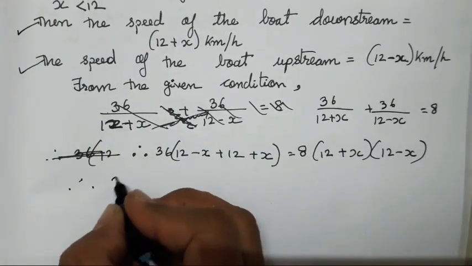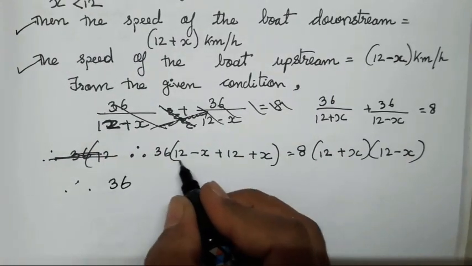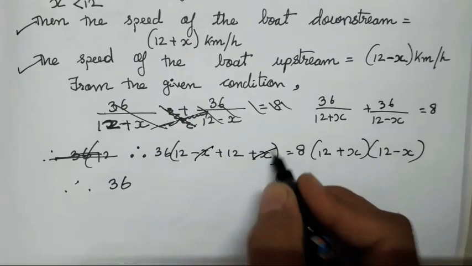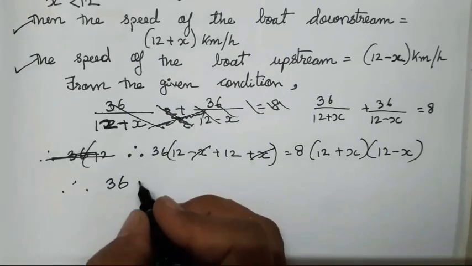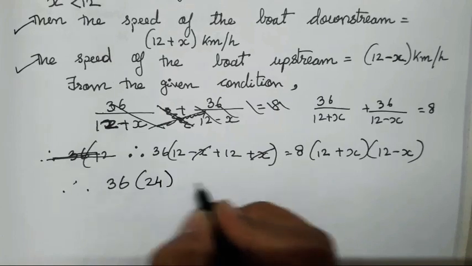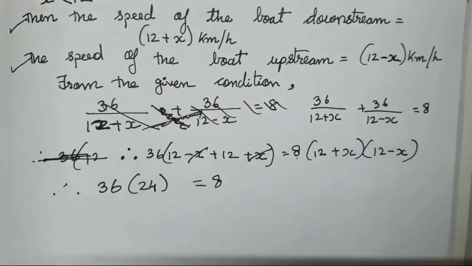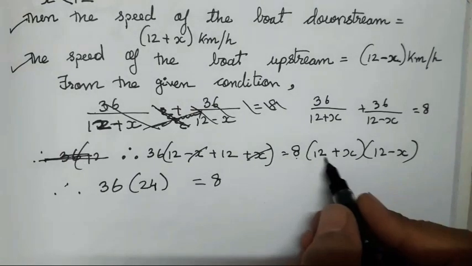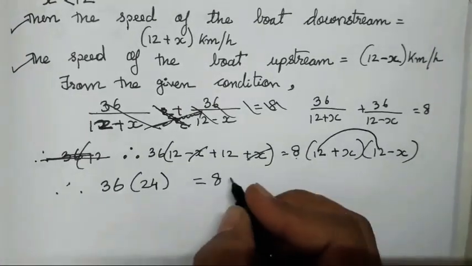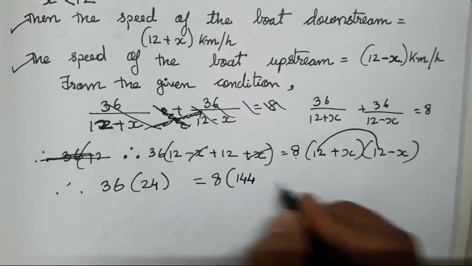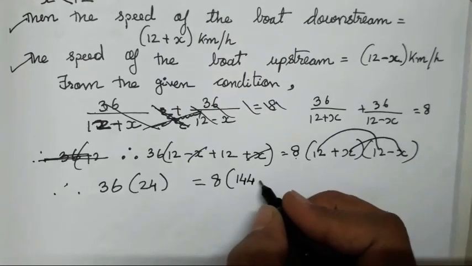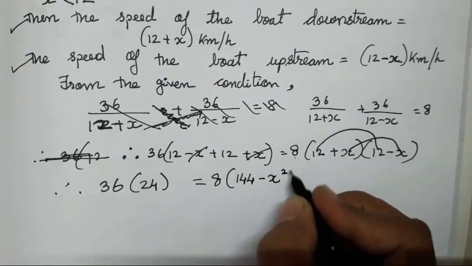Now, when you solve this, x will get cancelled, 12 plus 12 is going to be 24, over 8. Now over here again we are multiplying. So 12 into 12 will be how much? 144, and x into x is going to be x square.